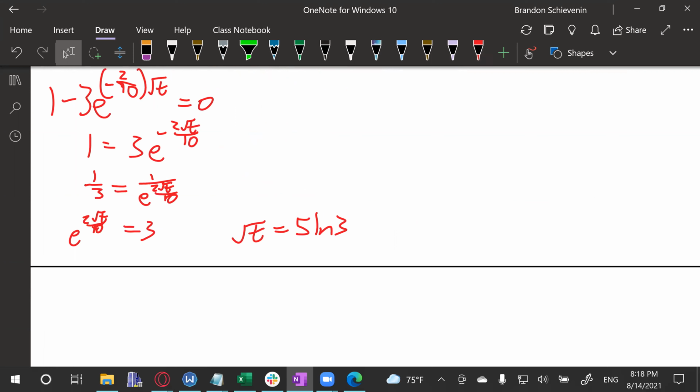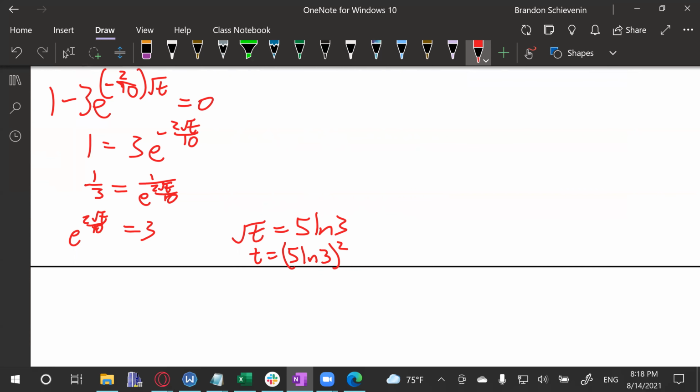Okay, so I got one more step, sorry. Last step. Root t is 5 ln 3. t equals 5 ln 3 squared. Perfect. Okay, so this is our only point where the slope is equal to 0.